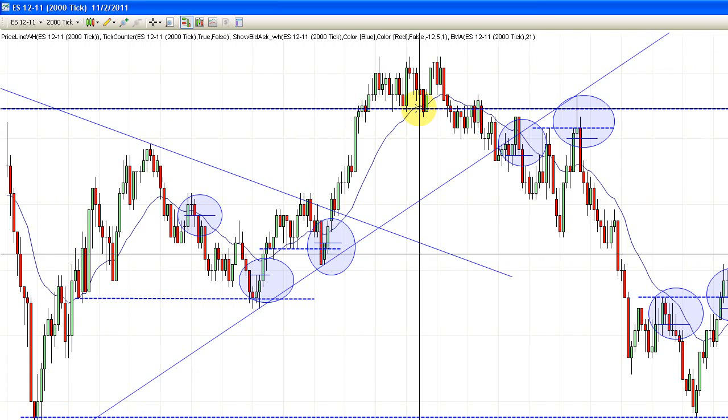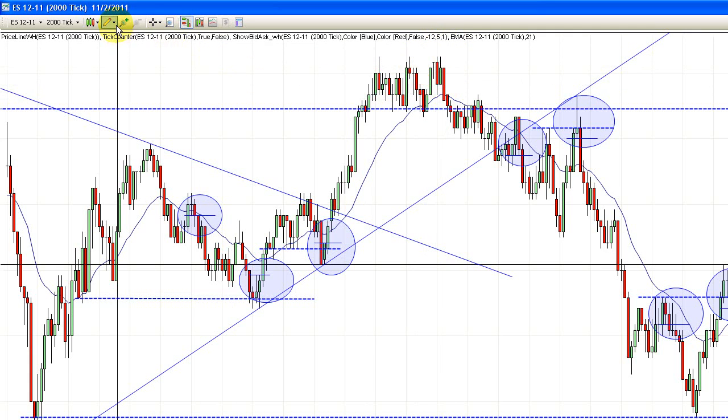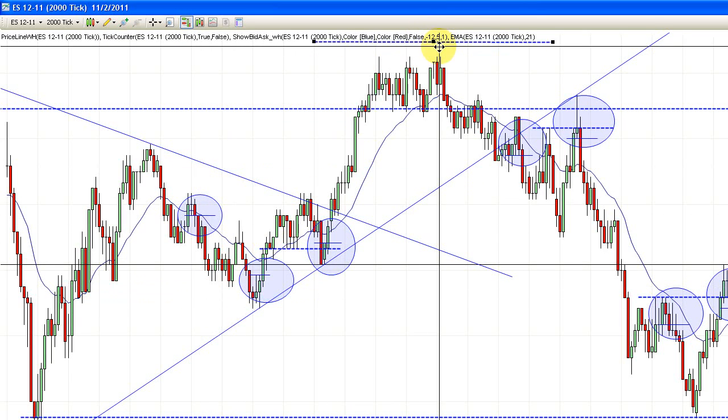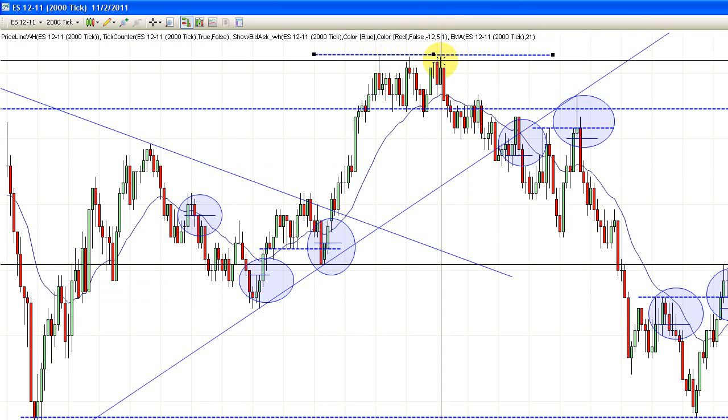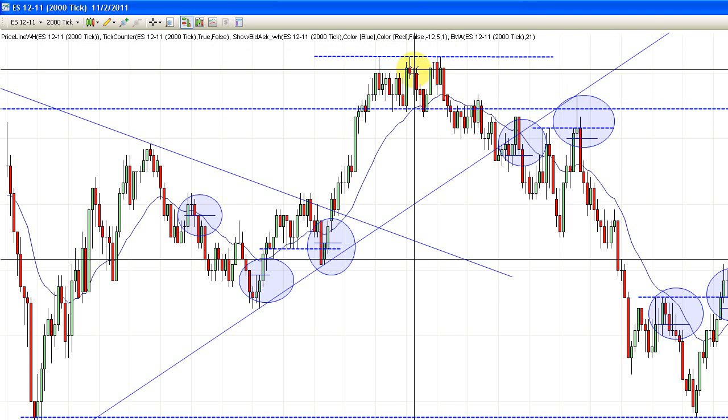But the buying was not strong enough to take it higher, so we were kind of stuck in this range. And you could have used this range, sold these highs, and bought these lows, but there's not a lot of room in there.